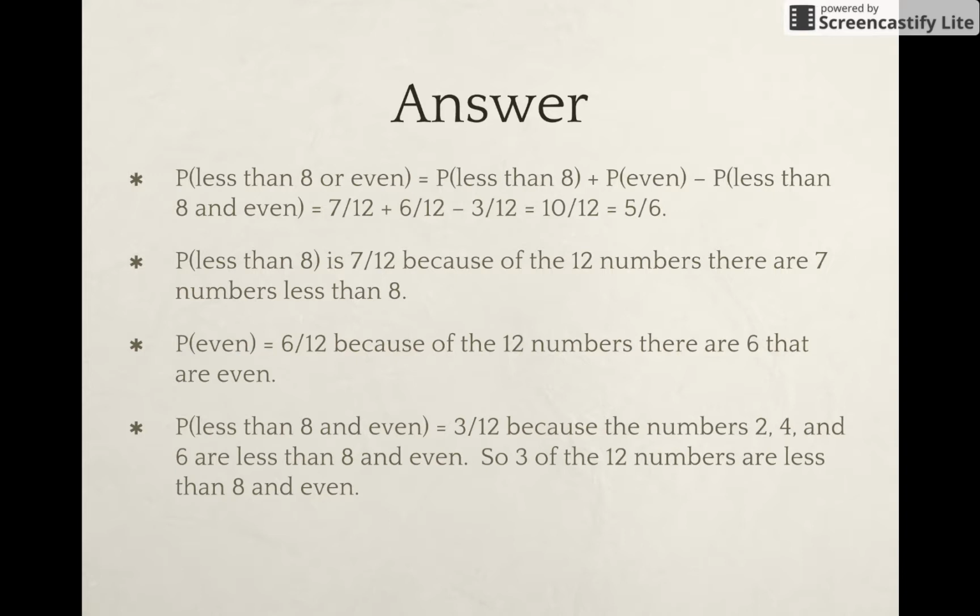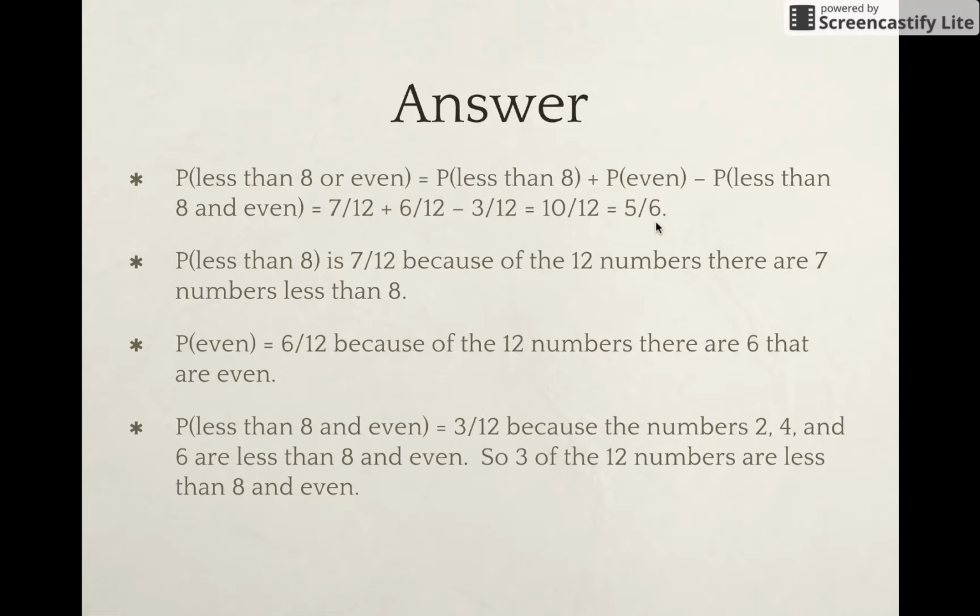When we do that, we'll see that there are 7 of the 12 numbers that are less than 8, so the probability of selecting a number less than 8 is 7/12, plus there are 6 even numbers when we think about the numbers from 1 to 12. And then we'll take away the 3 of those that are both less than 8 and even. 3 out of 12 is the probability of that. And so we'll finally get 5/6 as our reduced probability.